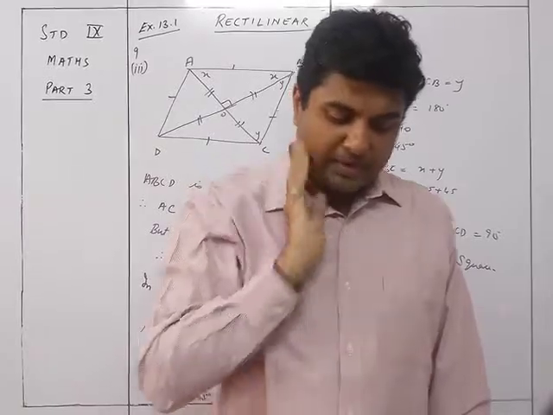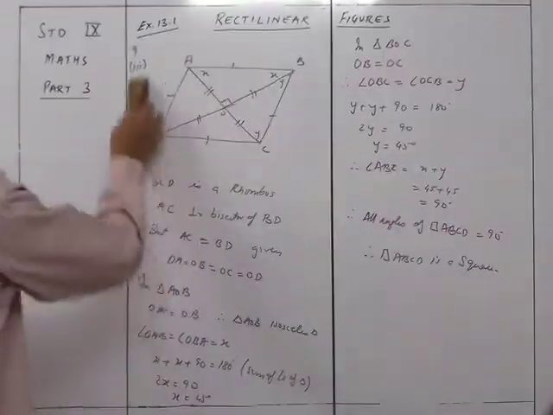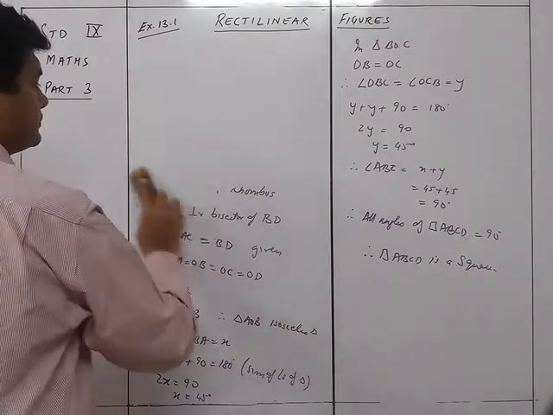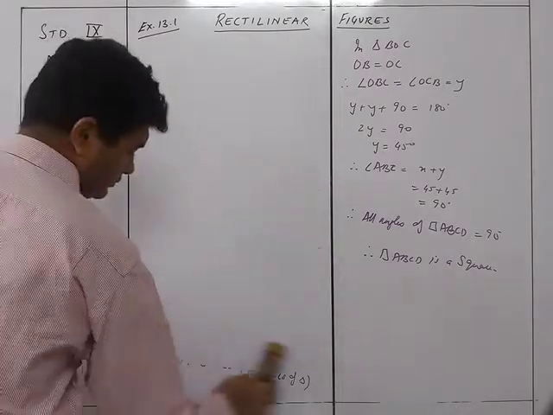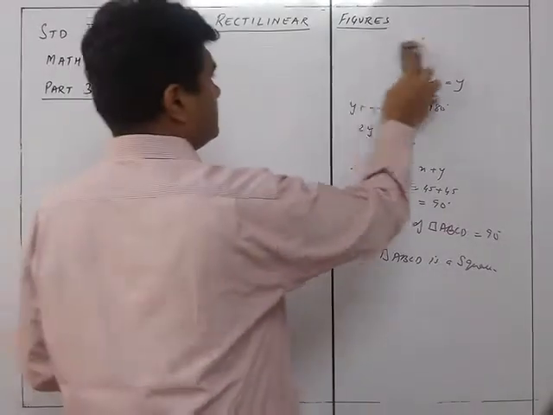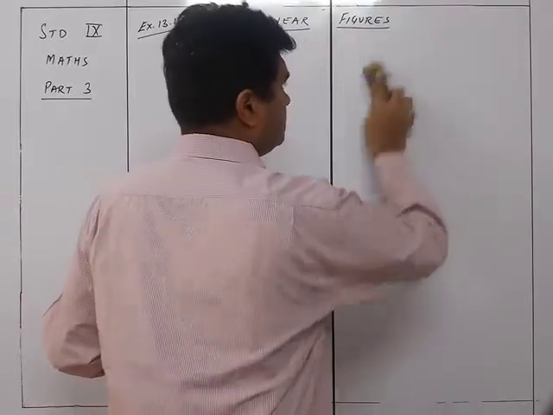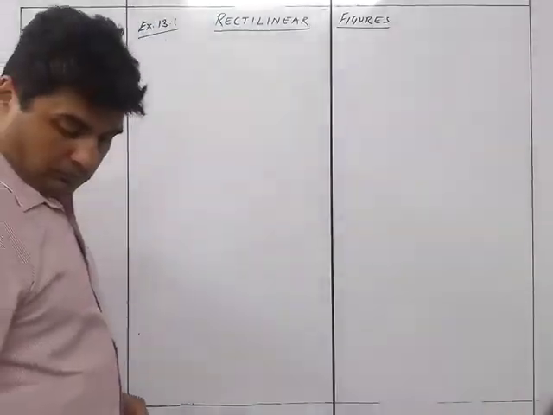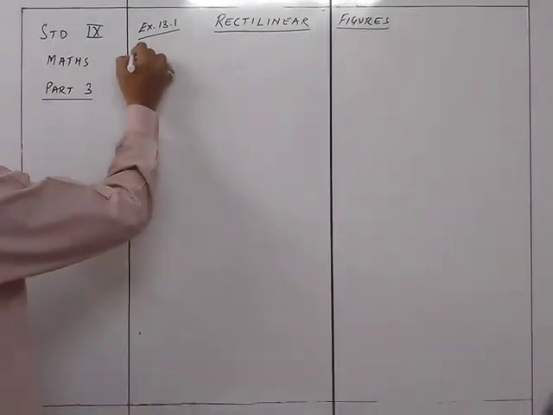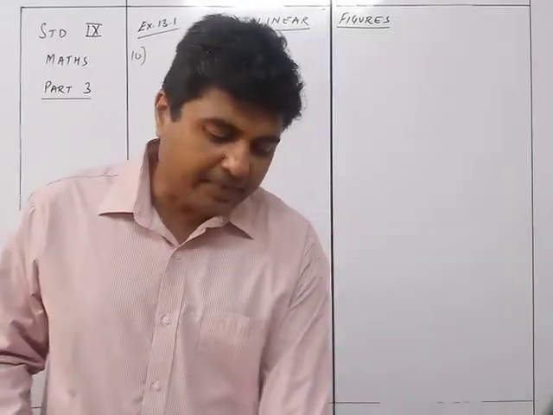We move on to sum number 10. So let's see sum number 10 now. ABCD is a parallelogram.